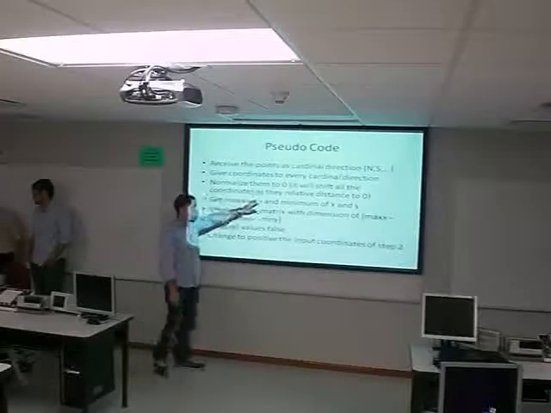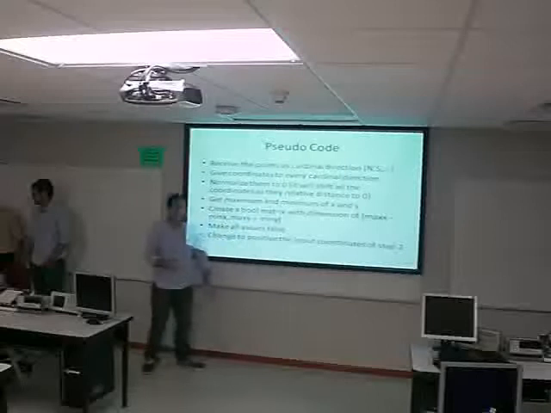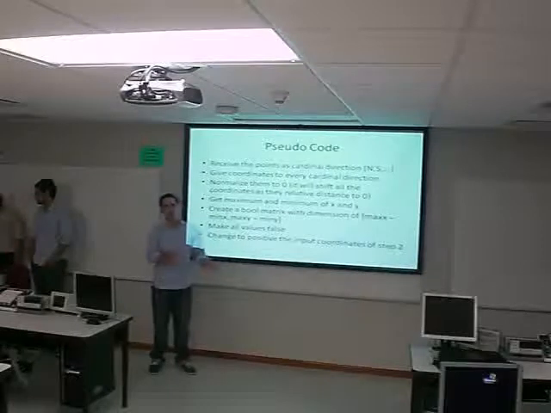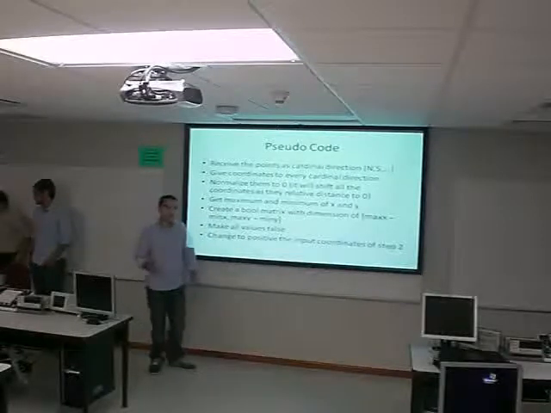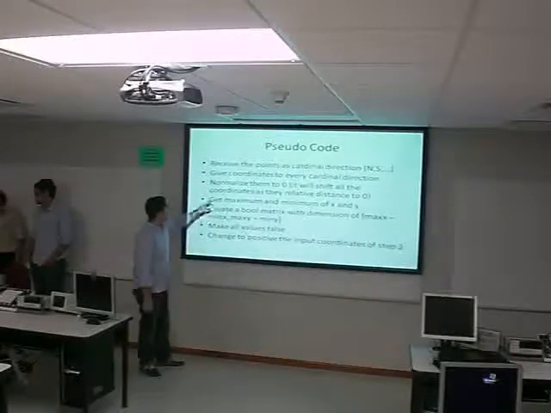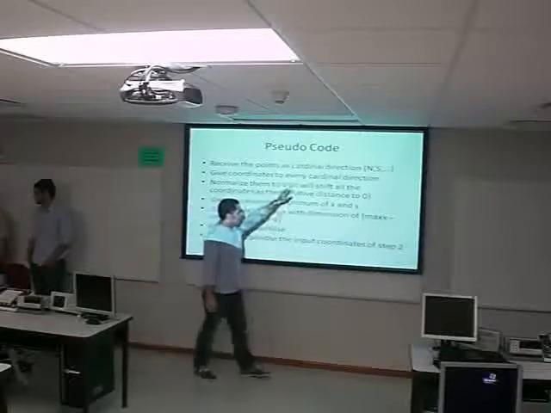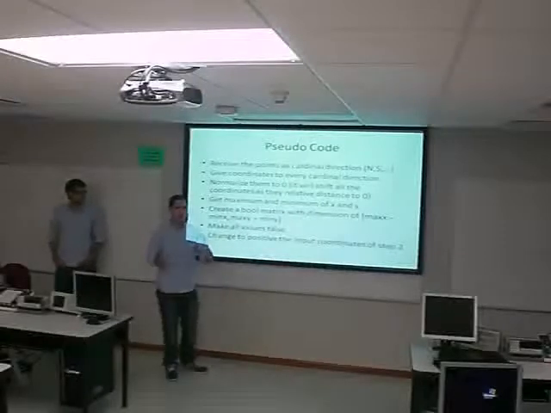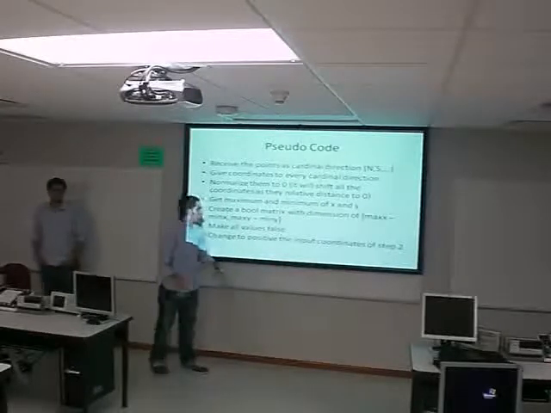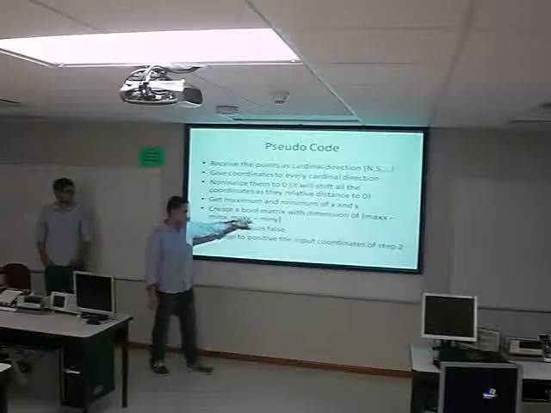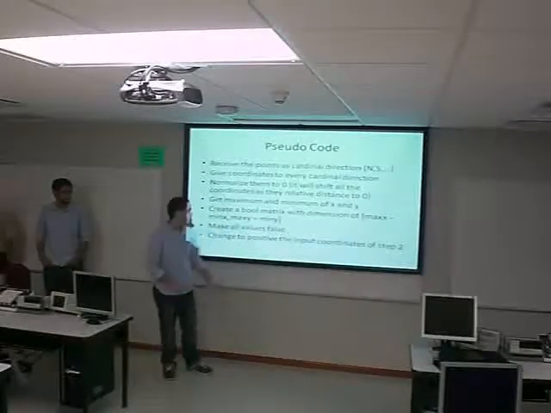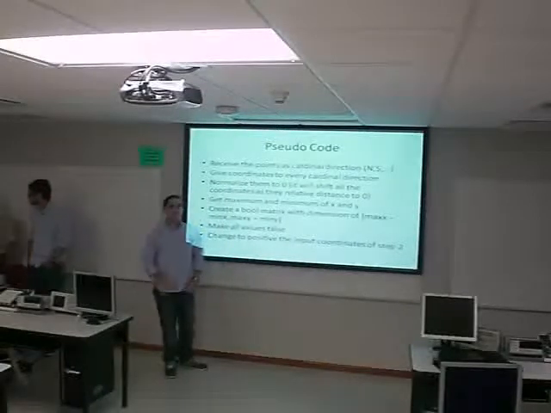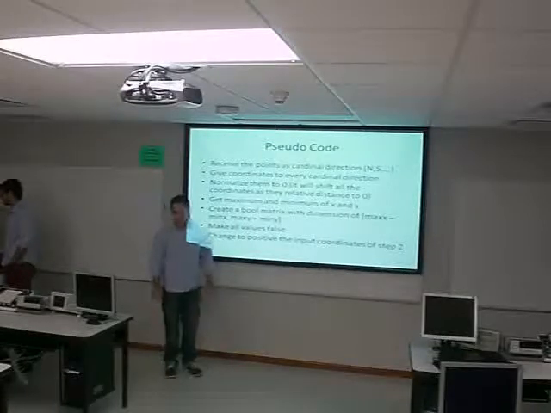Then we normalize that to 0, so if we just move to the left, it will probably have a negative direction, so we normalize it based on 0. It corresponds to a matrix. We get the maximum and minimum, the range of where the robot was working, and then we make a Boolean matrix, all false, and put positive all the points the robot took.